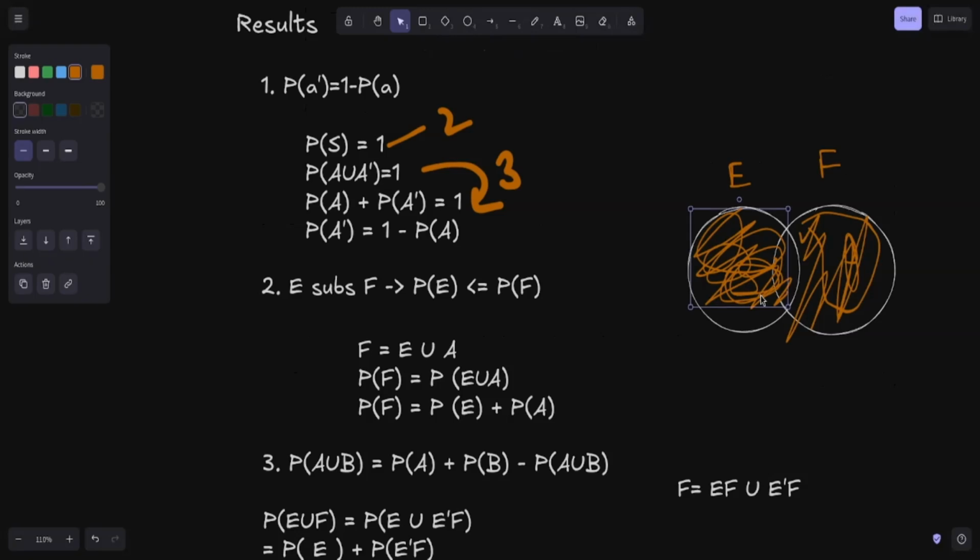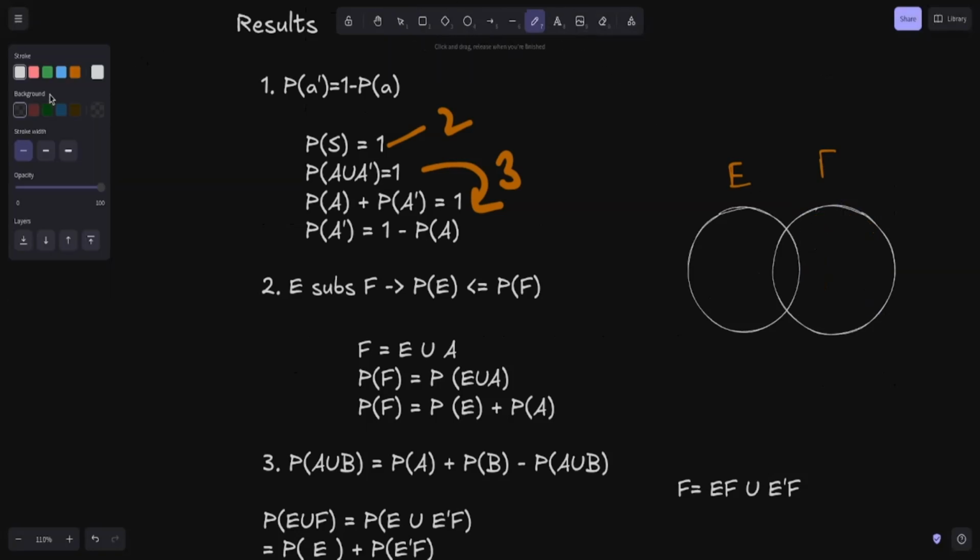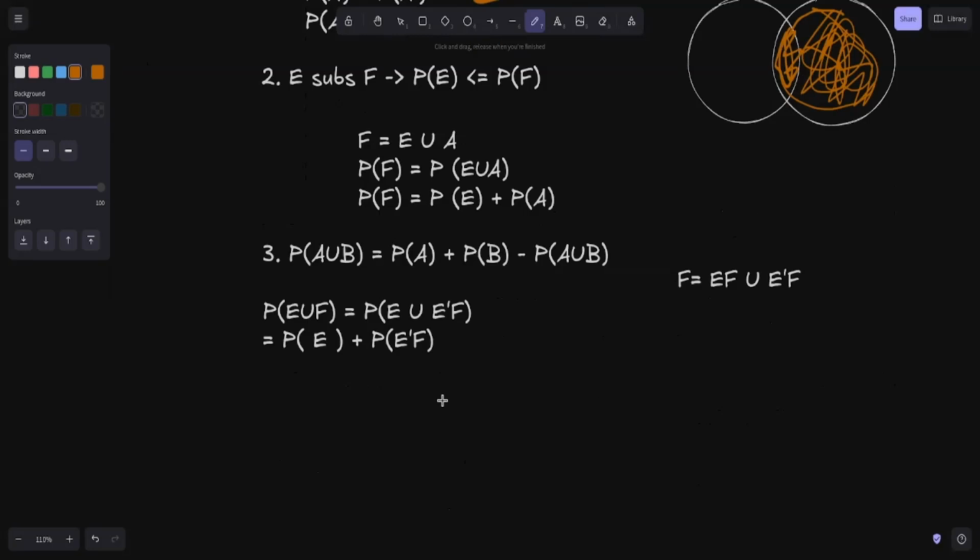How can we say this? Let me show you again. So EF is this area, and E dash F is this area. If we take the union of these, you get the whole of F, right? This is correct. So we can say this.